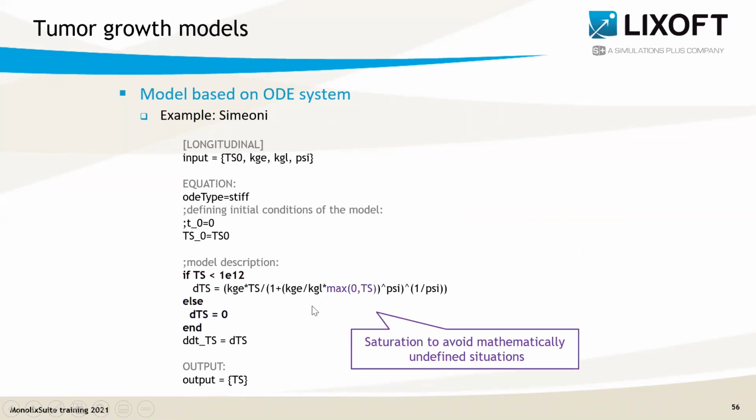In addition, the models are implemented to avoid possible mathematical undefined situations. For example, if TS becomes slightly negative under an exponent, like here, which can happen even though TS is supposed to stay positive or null, because of numerical approximation. So with this kind of saturation, we avoid any numerical error.